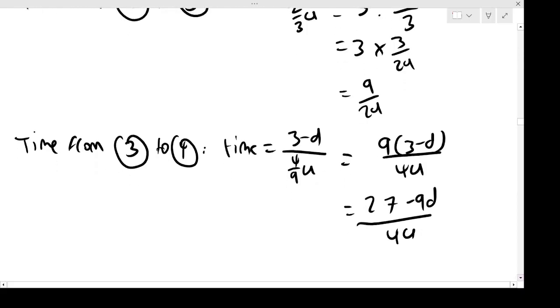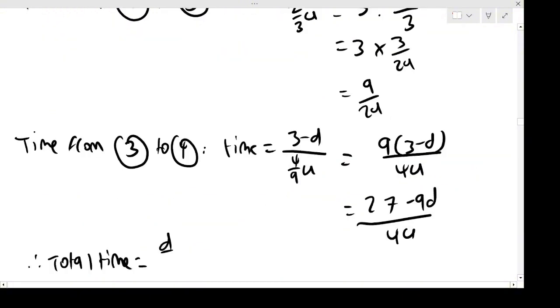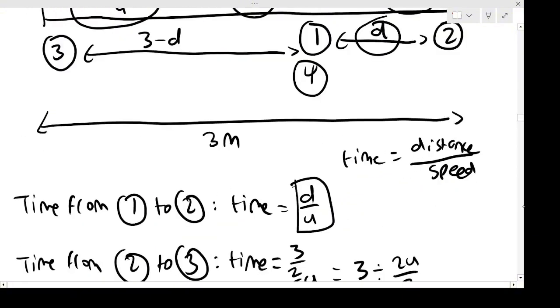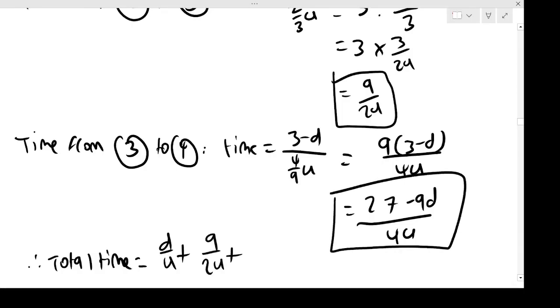So therefore the total time, you just add all these up. So it's going to be d over u first, and then 9 over 2u, and then lastly 27 minus 9d over 4u.